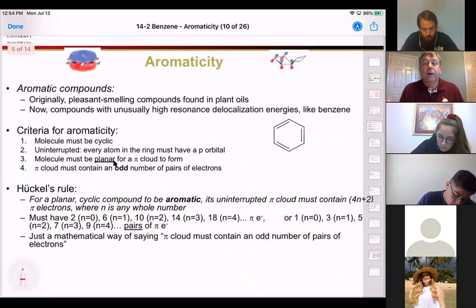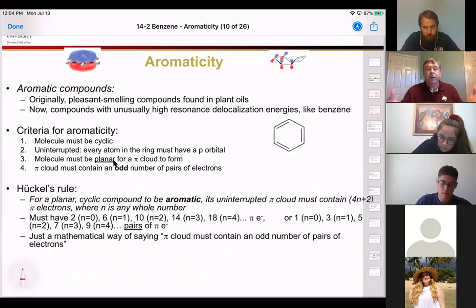Okay, so aromaticity originally came from the idea that a lot of these compounds like toluene and other things had a different smell than just regular double bonded systems. And so they were called, oh, those are the more smelly ones, or they are the more aromatic systems. And so we ended up getting that whole set of compounds named because of their unusual smells, okay?